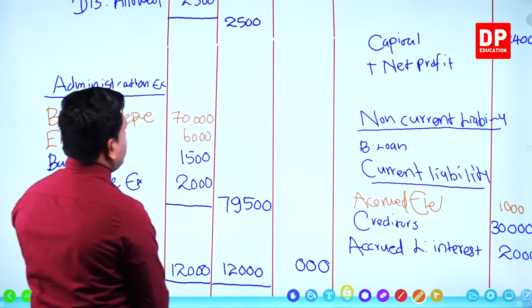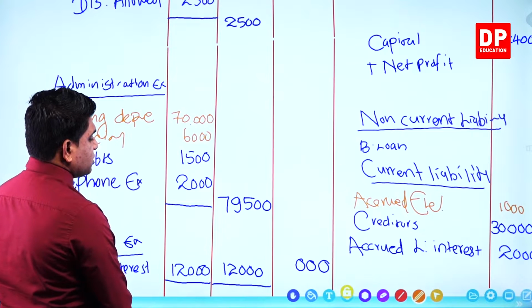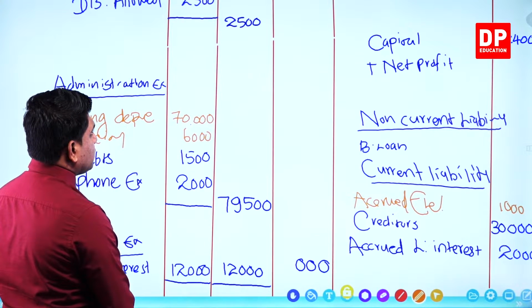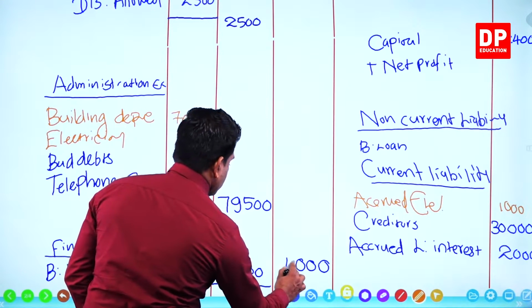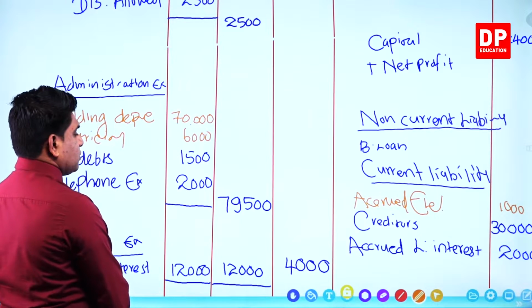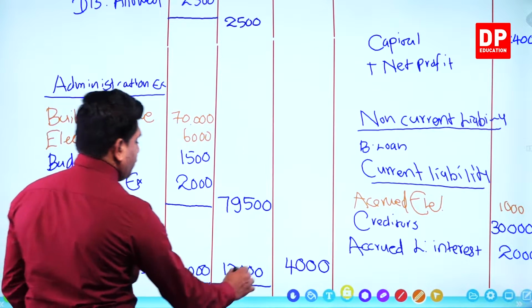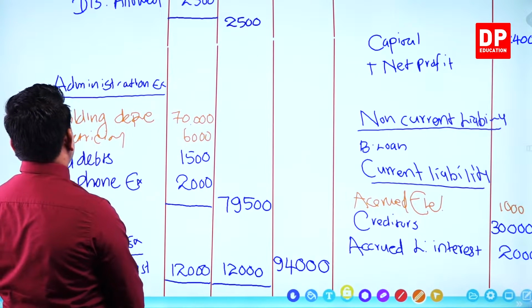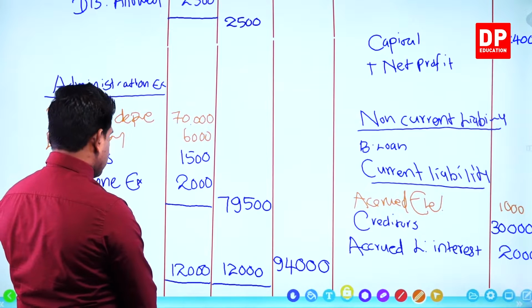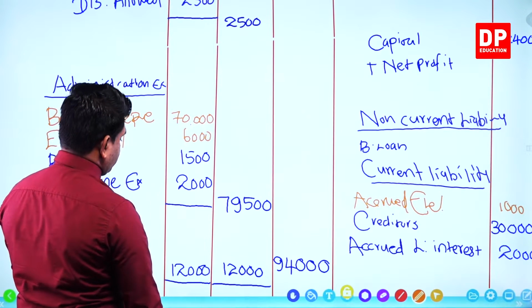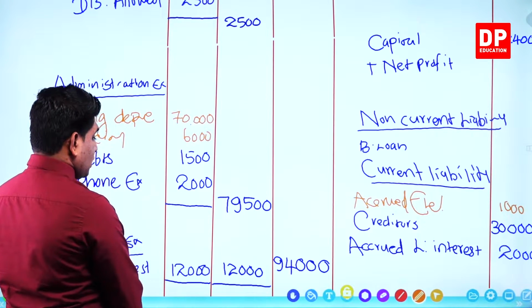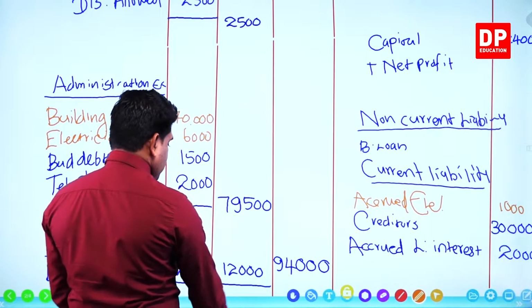Adding up, the total is 94,000, right? Then above you see how much the total income.